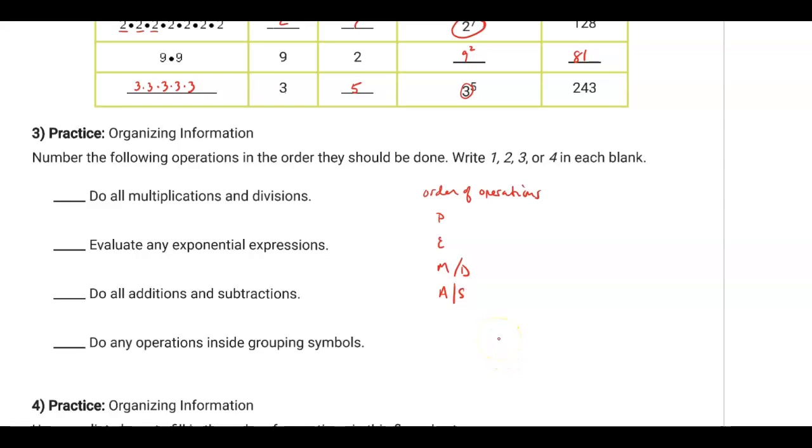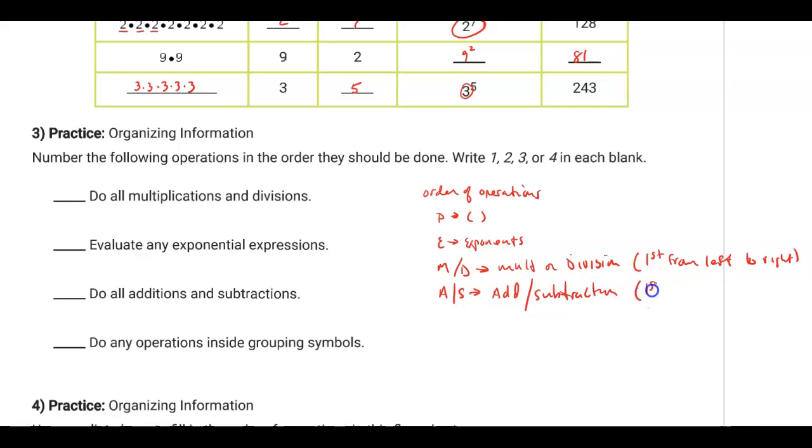So when I look at this, P stands for parentheses, E stands for any exponents, multiplication or division is next, but you have to do whatever comes first from left to right. And then addition or subtraction, and again, whatever comes first from left to right.